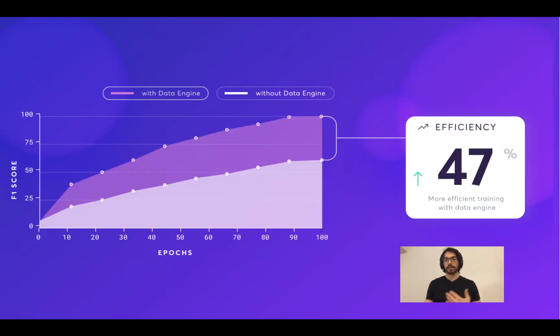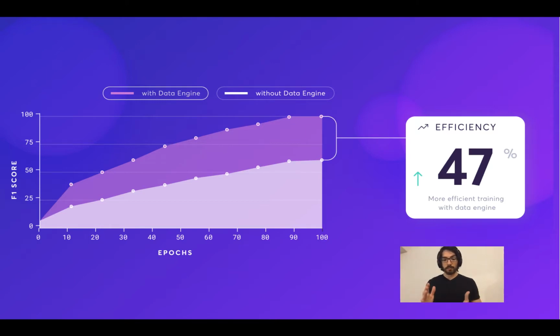And so what we've seen over all of our customers who are using real world data on real world problems, we see actually a 47% on average increase in efficiency, not only with model training, but in convergence into the ultimate quality, the steady state quality.